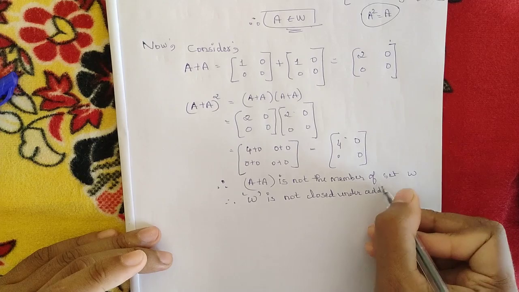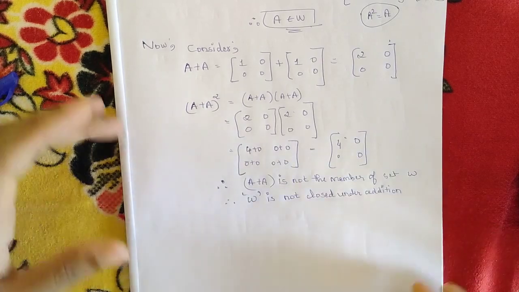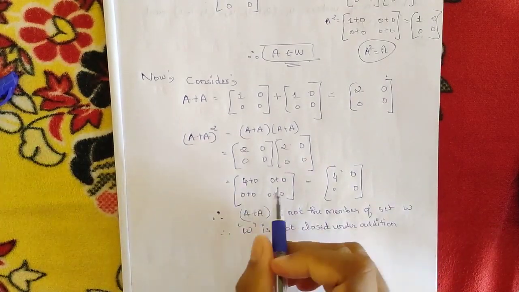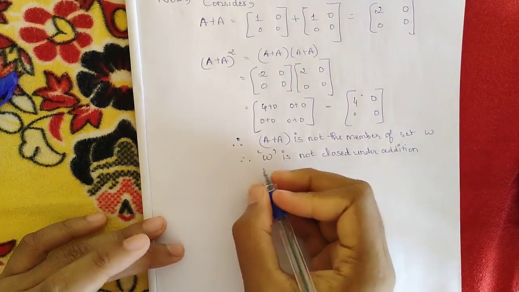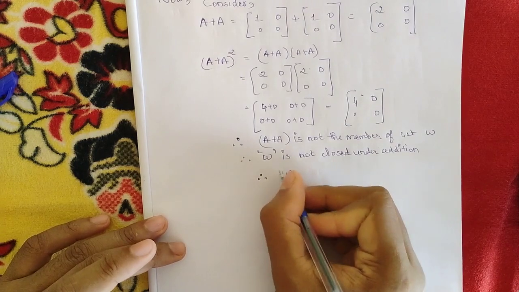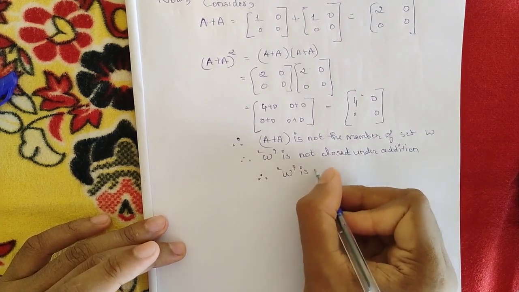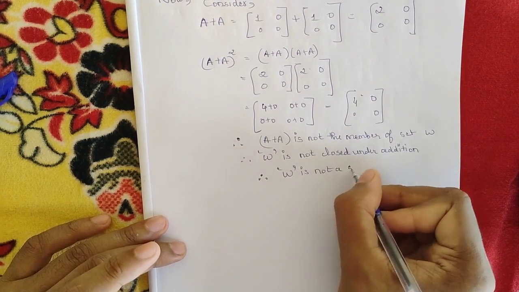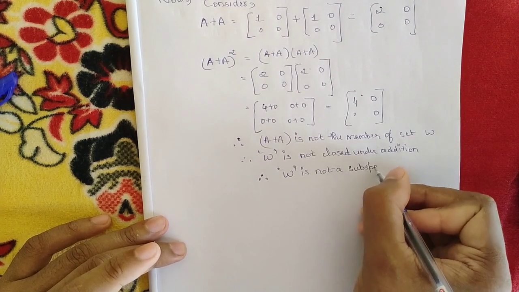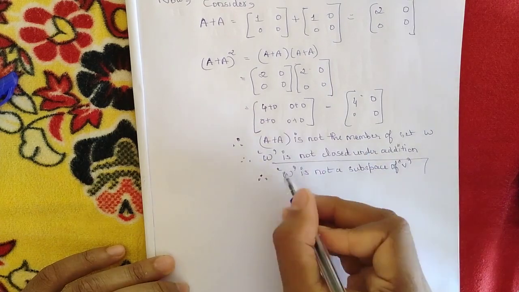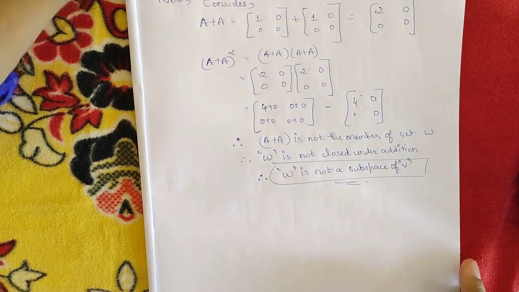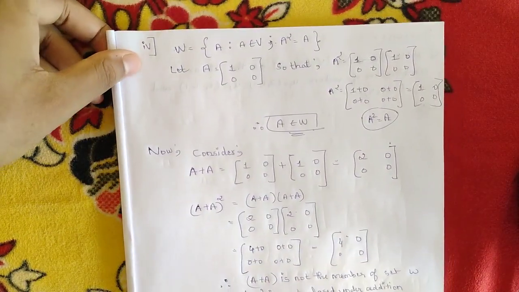If you do the addition part, that is A plus A, and if you take its square, we won't be getting the answer as same. We have just seen it. Okay, so it is not closed under addition, so we can say directly that W is not a subspace of V. Okay, so like this you should be proving this problem.